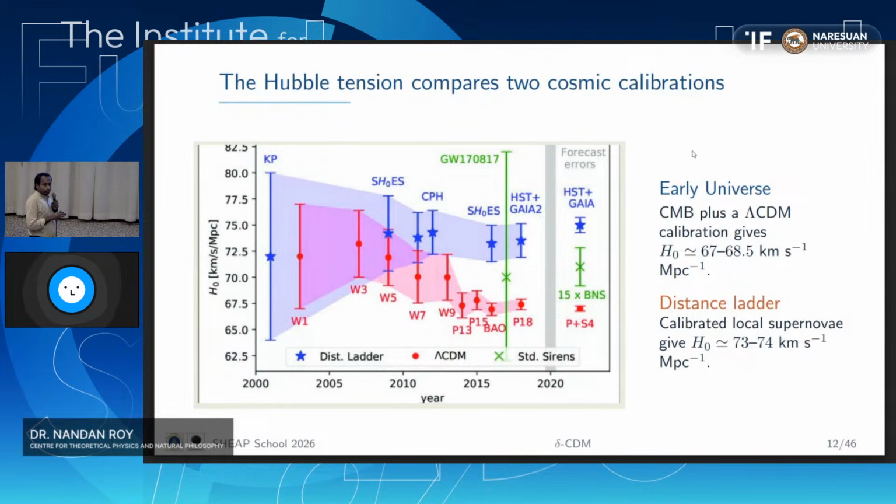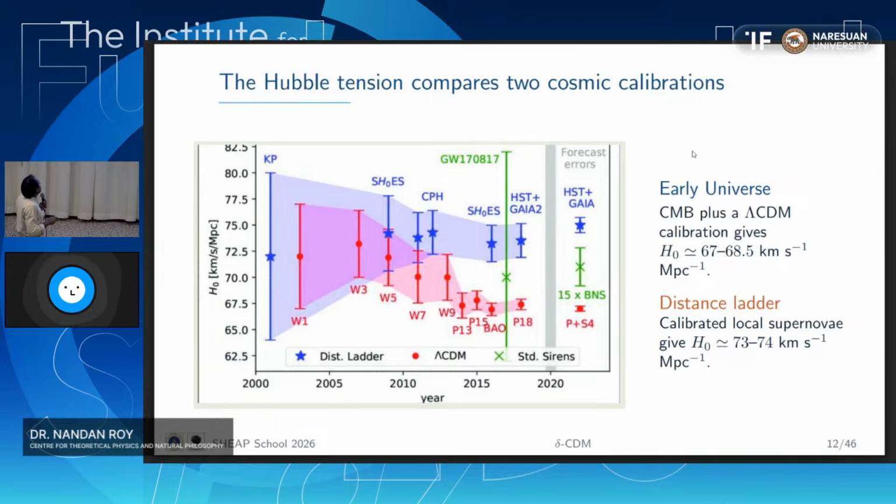And this is currently the biggest tension in cosmology, where we can measure the Hubble value from the CMB. Actually, we are not measuring it from the CMB; we have the CMB and we can extrapolate to get the current value of the Hubble today. And we can also measure directly from the local universe.